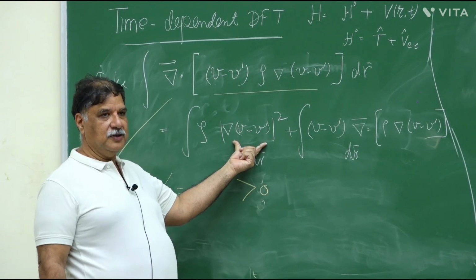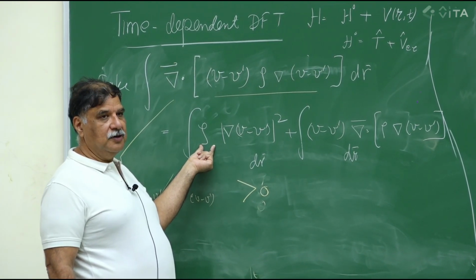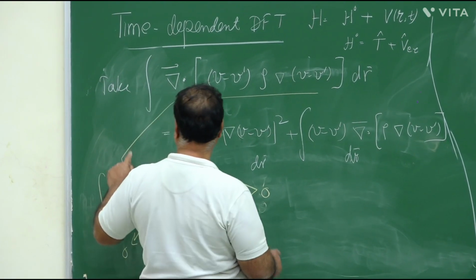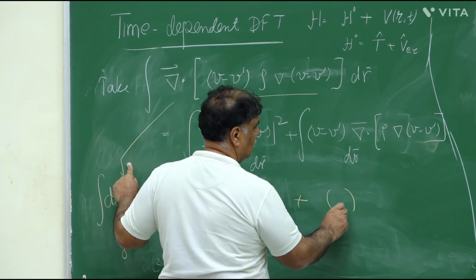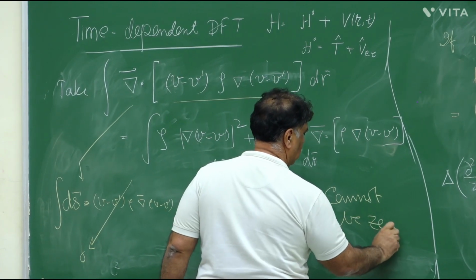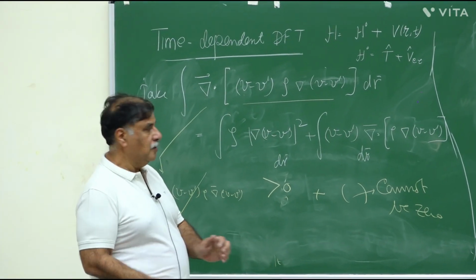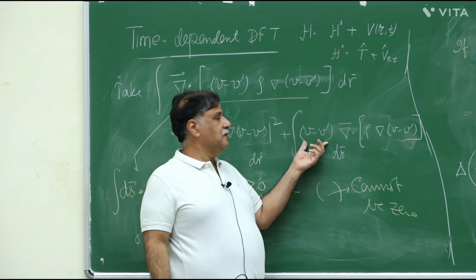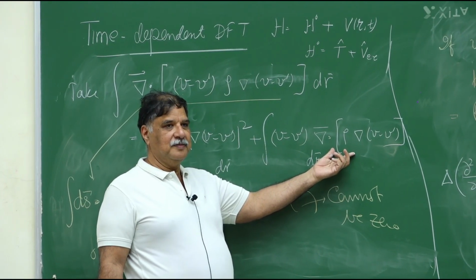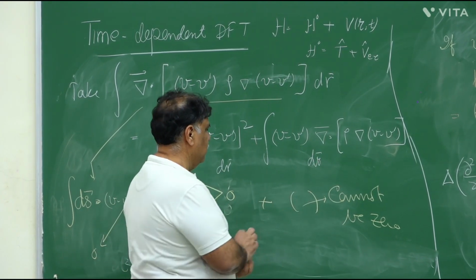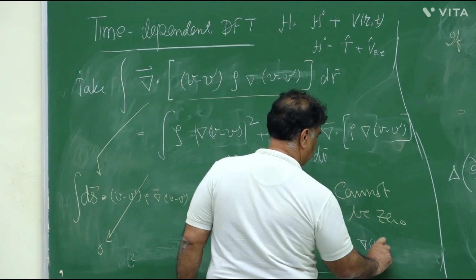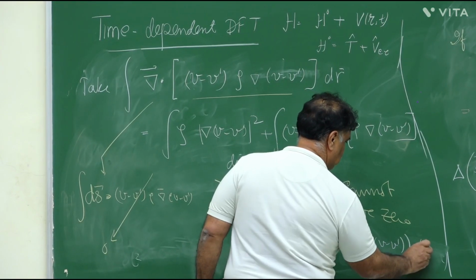Density is non-zero, so this volume integral is non-zero and will definitely be greater than 0. And the left hand side is 0. Therefore, this other term cannot be 0. V minus V prime differs by more than a constant. If this cannot be 0, this better not be 0. So divergence of ρ grad of (V minus V prime) is non-zero.